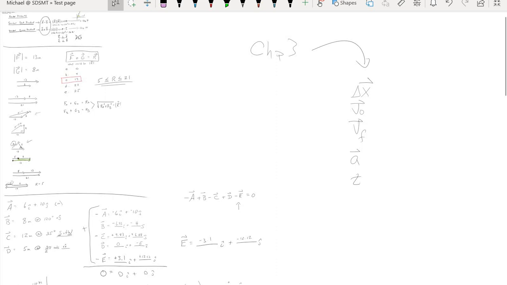And the way we're going to do that, and the way we're going to make our lives a little bit easier, is we're going to use the idea of vector components so that we can work in one direction at a time. So we're actually going to take these kinematic equations and we're going to break them up into a system of one-dimensional problems.